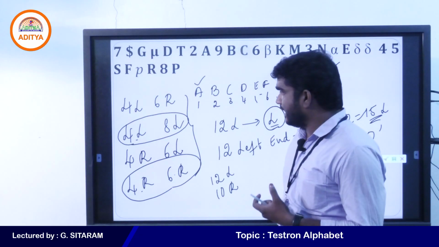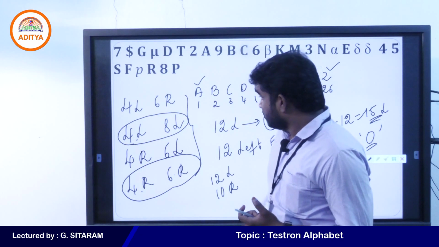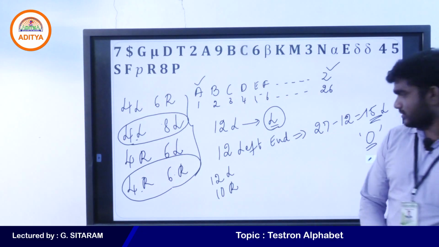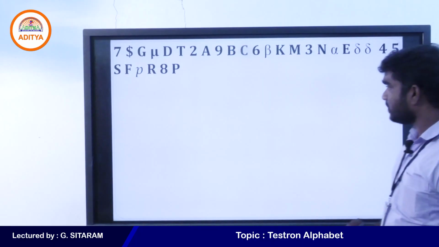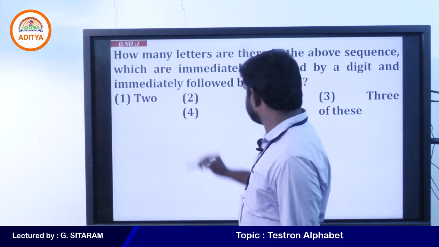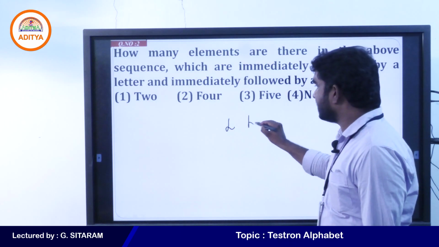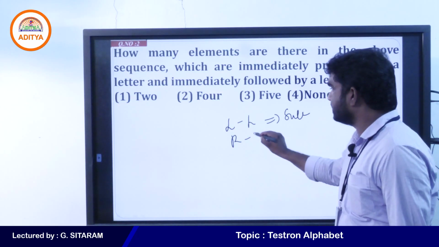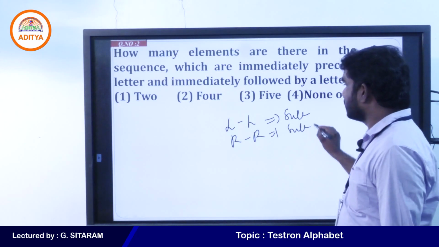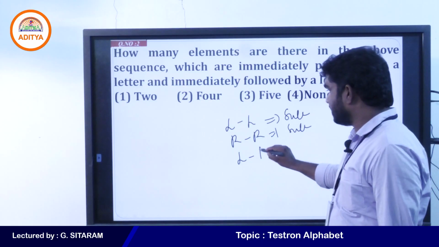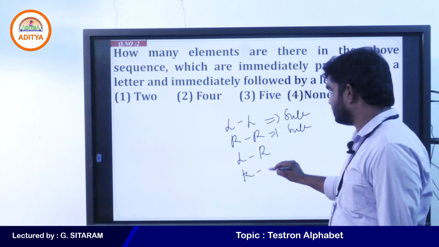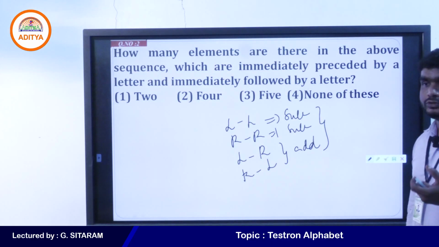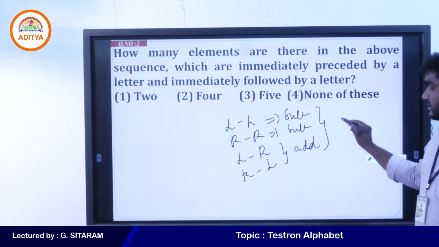If they are in opposite directions, one left and the other right, you just subtract it. After adding or after subtracting, you just take the direction, whether it is right or left.